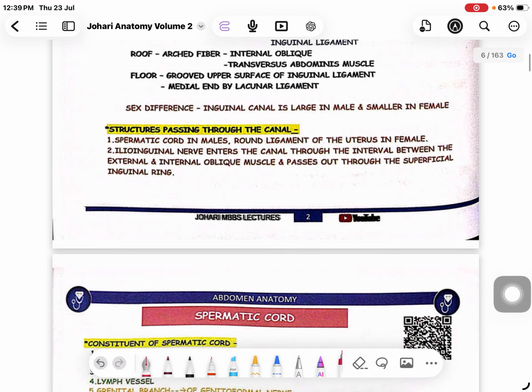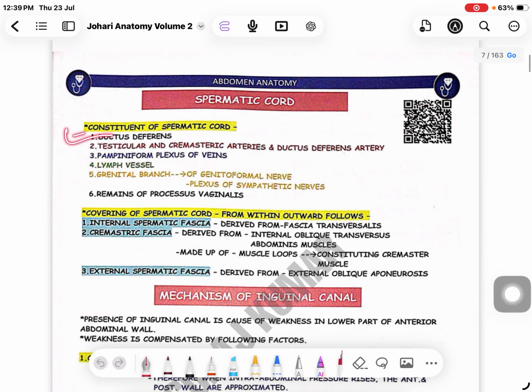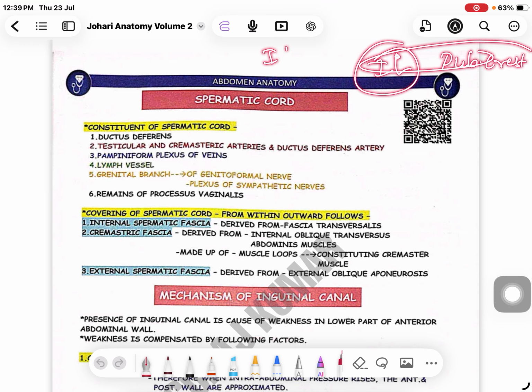The spermatic cord is the content of the inguinal canal. There are two things here: the inguinal canal and the inguinal ligament. The inguinal ligament, we discussed many times, starts from the anterior superior iliac spine and goes to the pubic crest. Here we are talking about the inguinal canal.